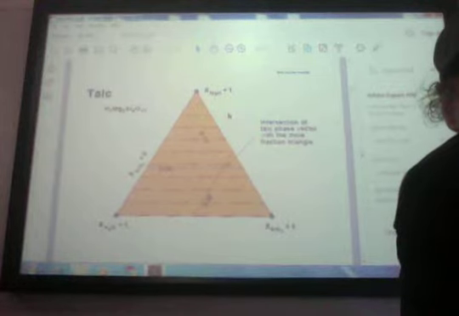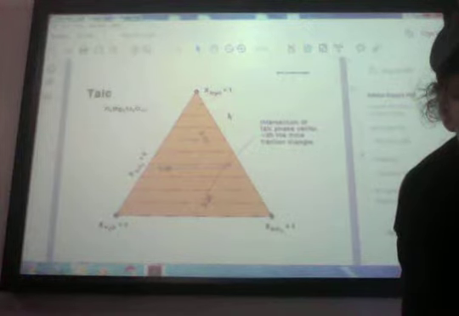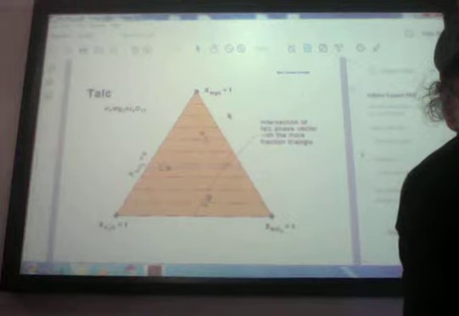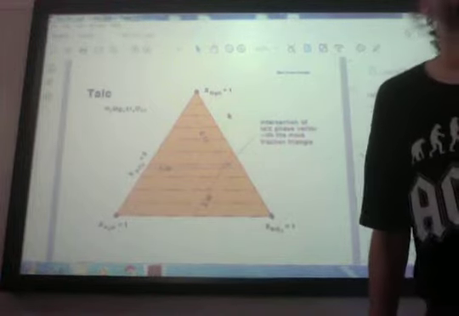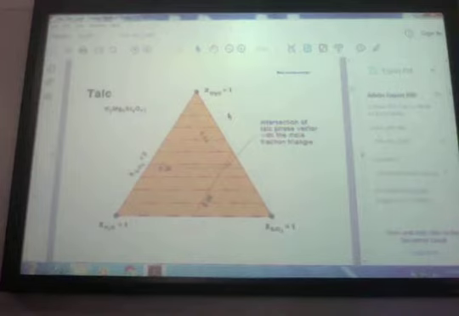So, and now you should have drawn in all these lines. Have they drawn in these lines?